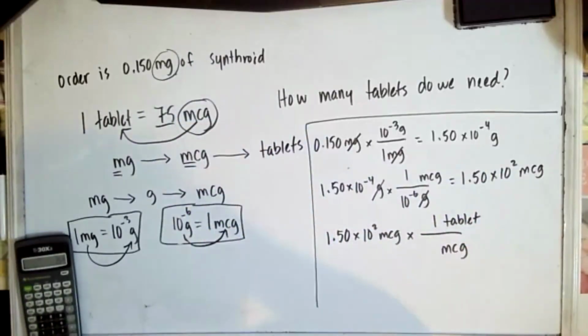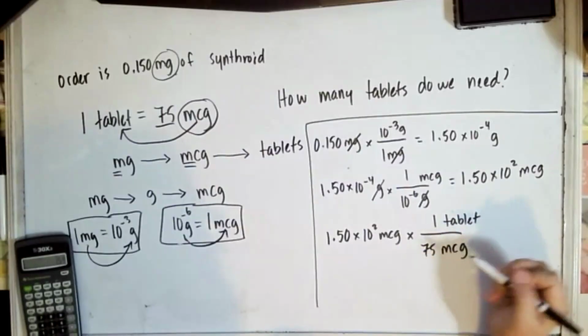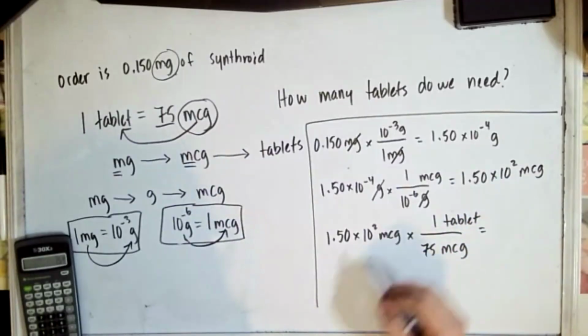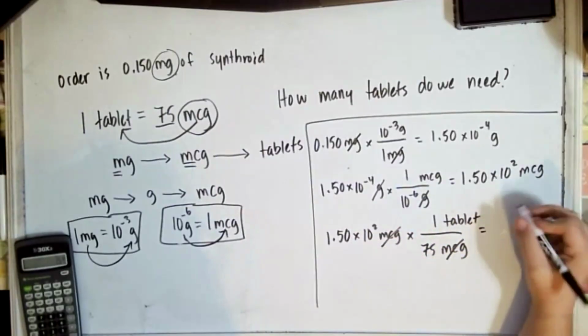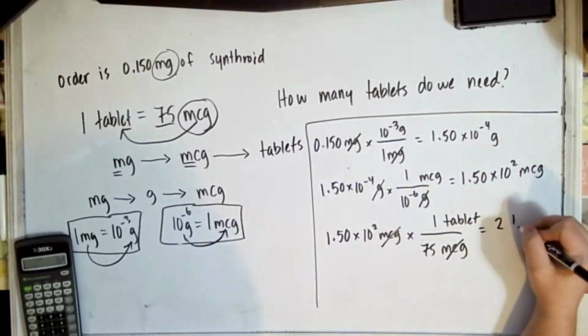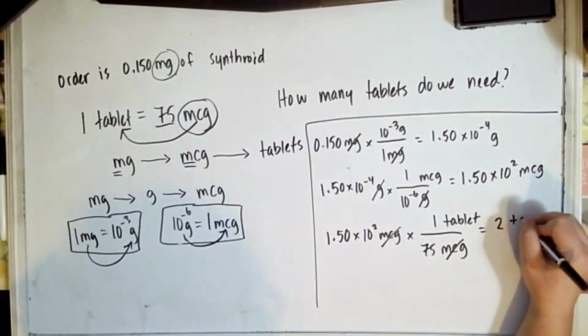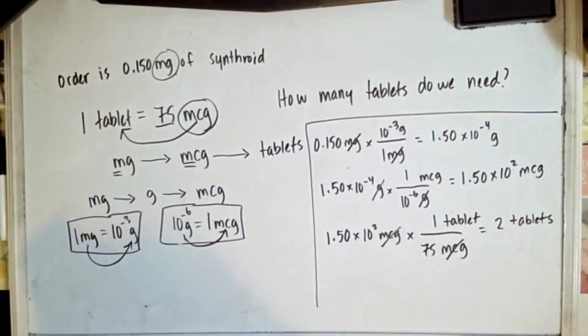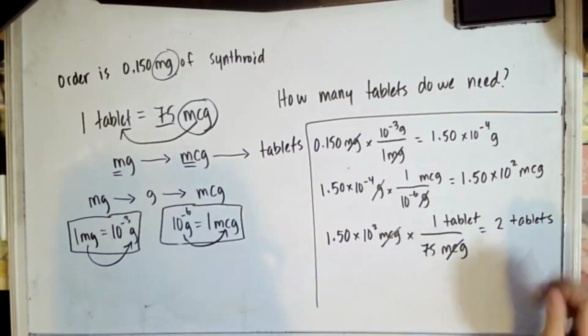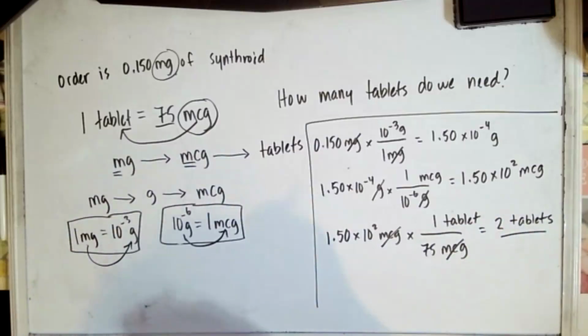And we see that there's 75 micrograms per tablet. Okay, so now our microgram unit cancels out. 150 divided by 75, and we get 2 tablets. That's how many we would need.